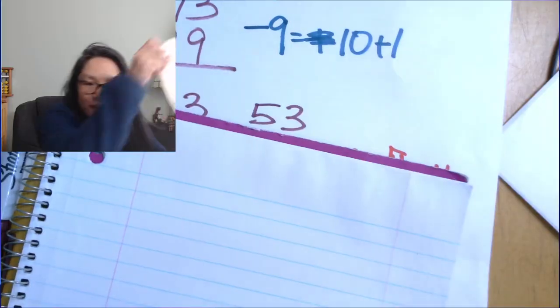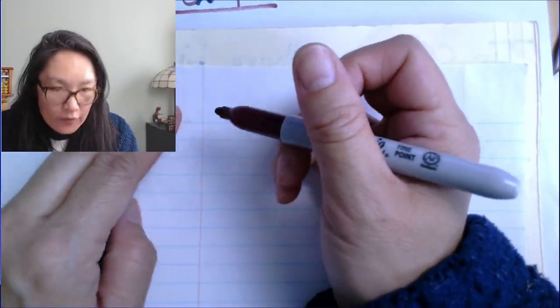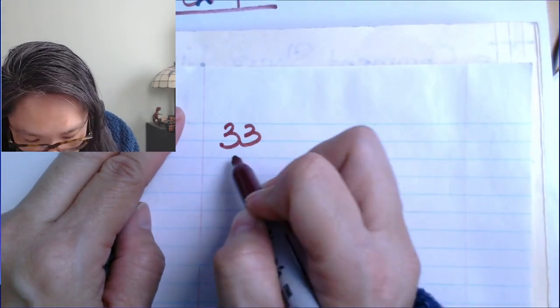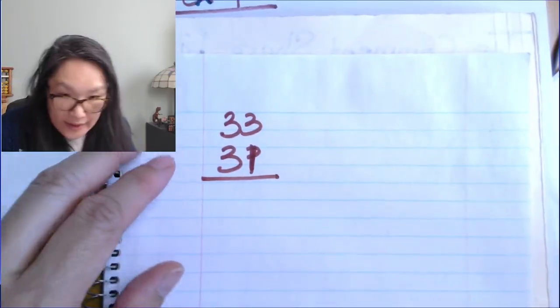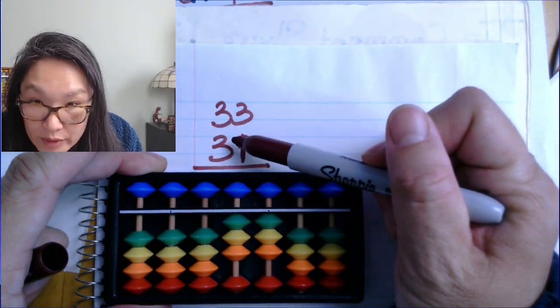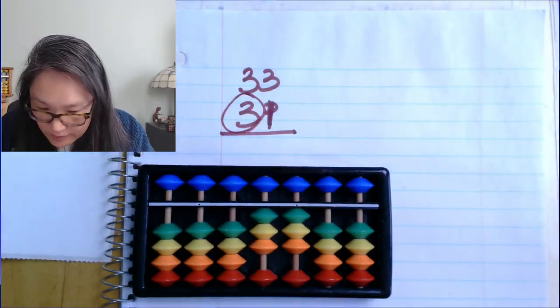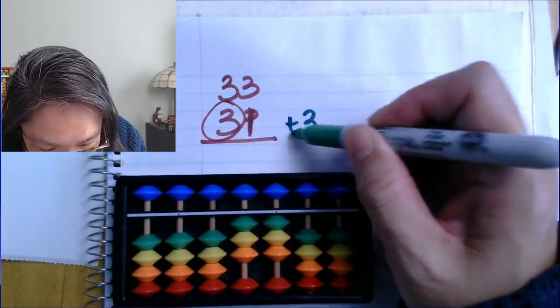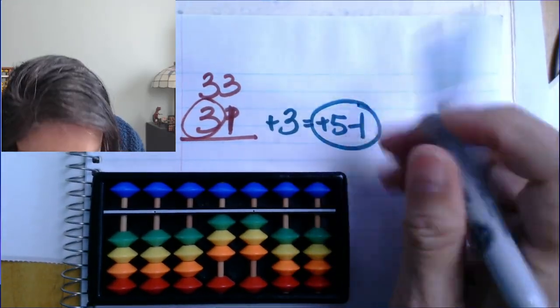Okay. So, here's the question. We started off with 33 plus 1. That's what we started off with. So on the abacus, we add the 3, we add the other 3, right? So now we're going to add this 3. But this 3 is equal to plus the 5 minus the 2. What we're going to do is substitute this, right?